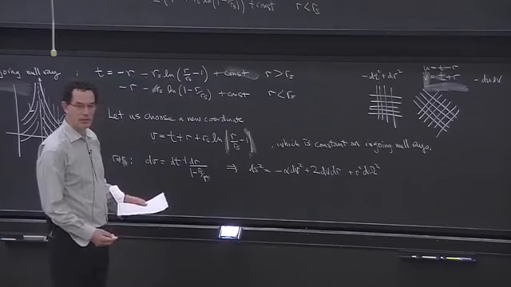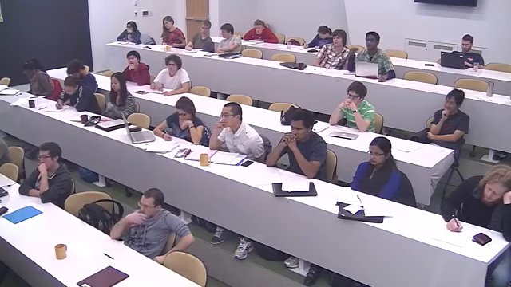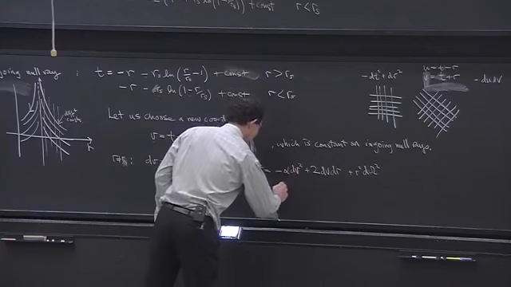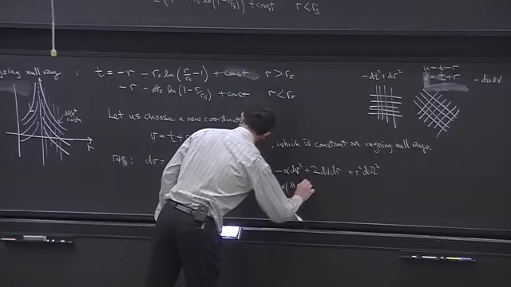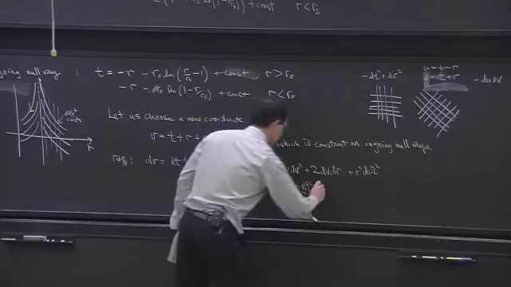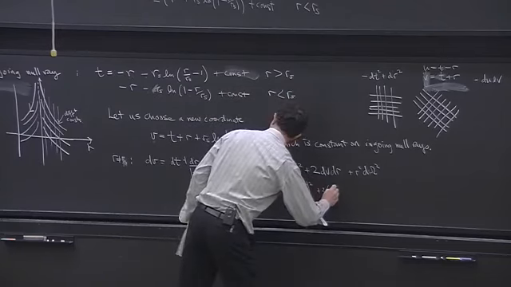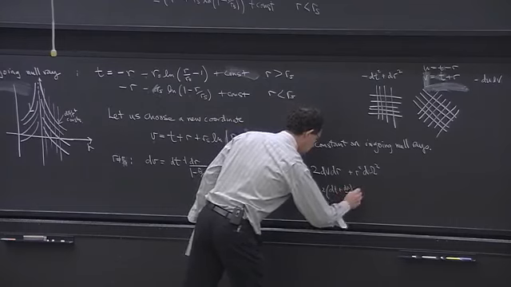It's not totally obvious to me standing here, but let's just check it. So minus alpha times dt plus dr over alpha, squared, plus 2 times dt plus dr over alpha times dr.